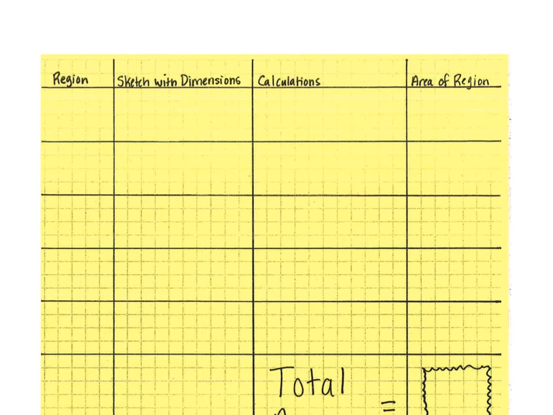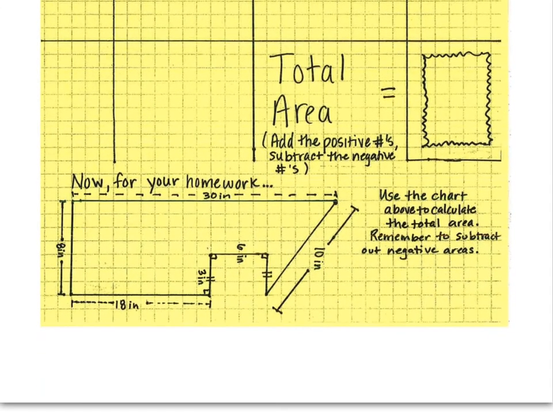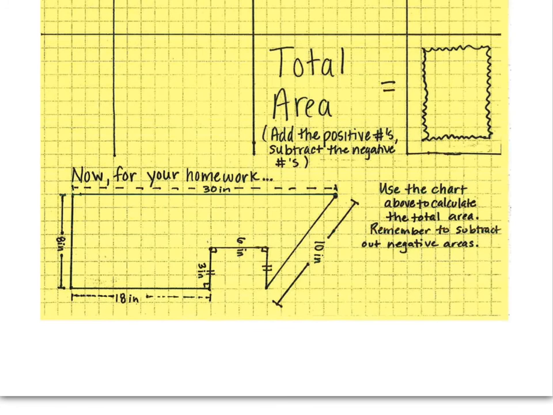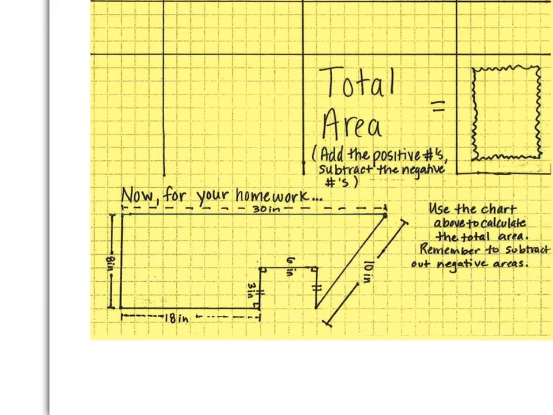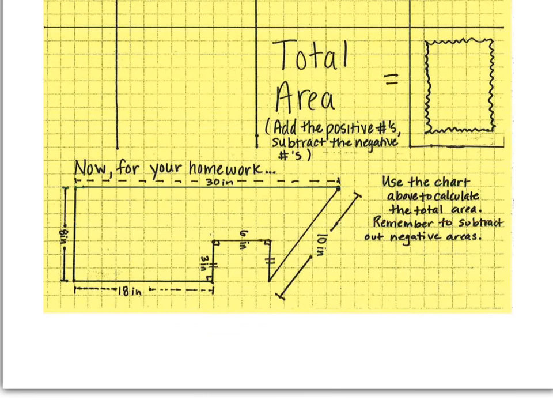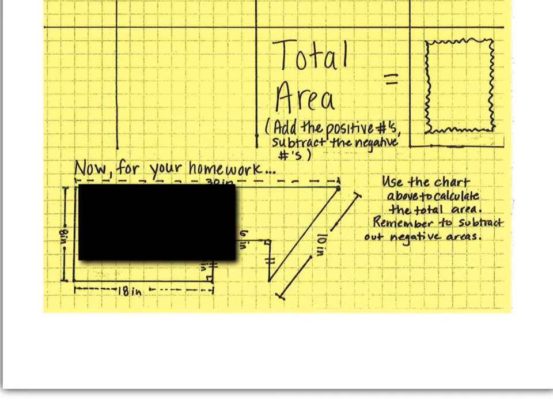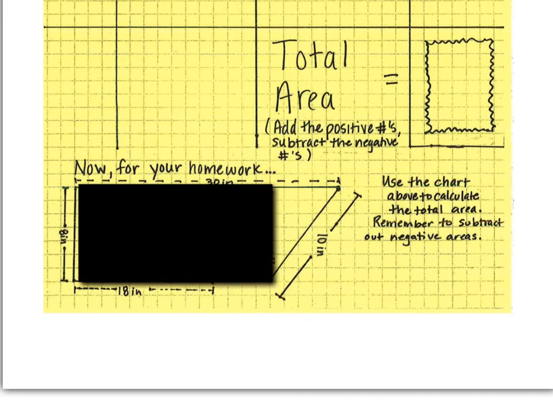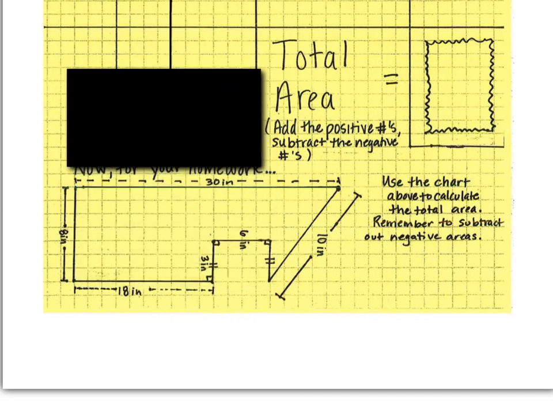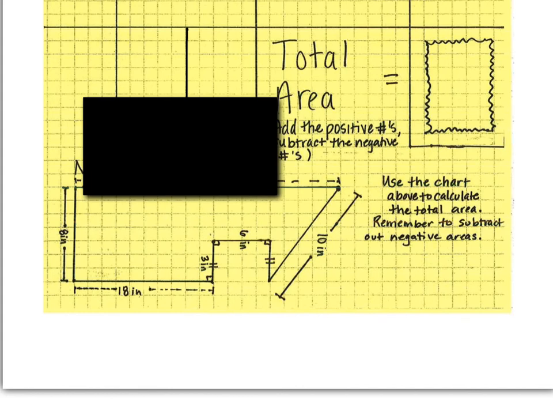Your assignment is to try this same process on the next page. My suggestion would be to think about placing a giant rectangle. Oops, let me get my rectangle tool. Placing a giant rectangle over this whole region, and then subtracting out, okay, hold on.